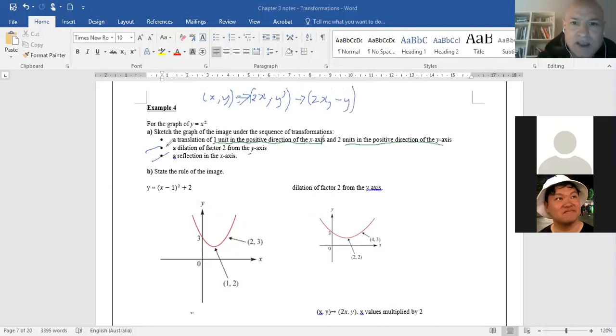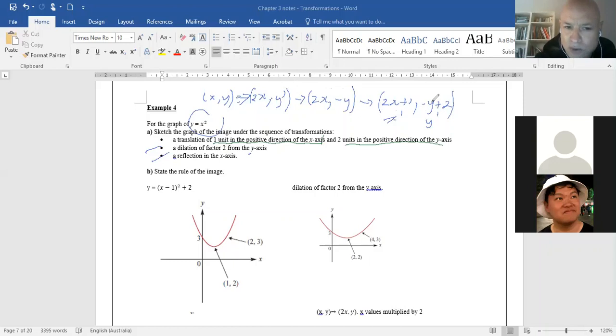That's that one there. And then we get 1 unit in the positive direction of the x-axis and 2 units in the positive direction of the y-axis, that part there. And then we can substitute in here and find our rule, once we've found our x and y values.